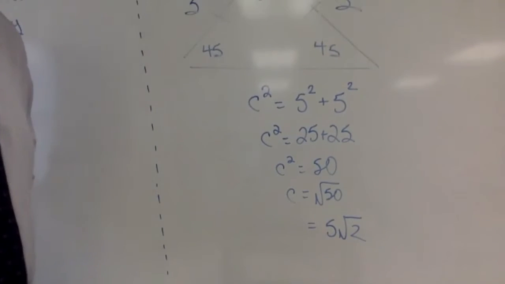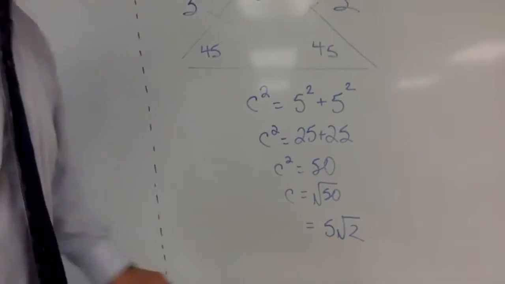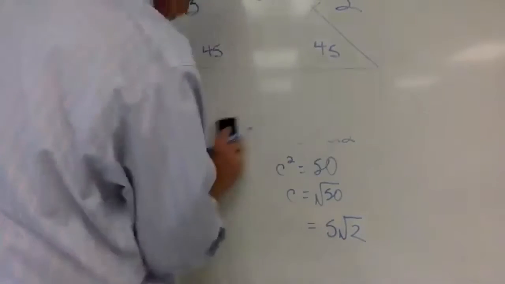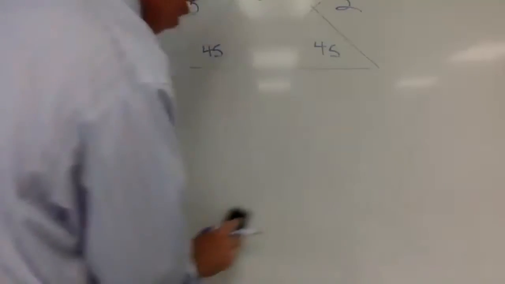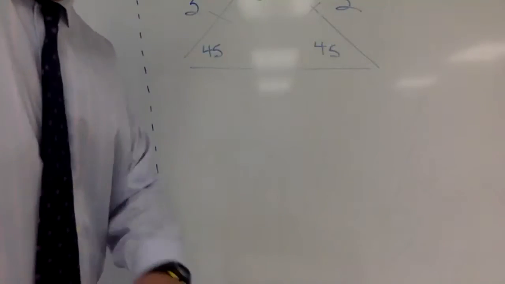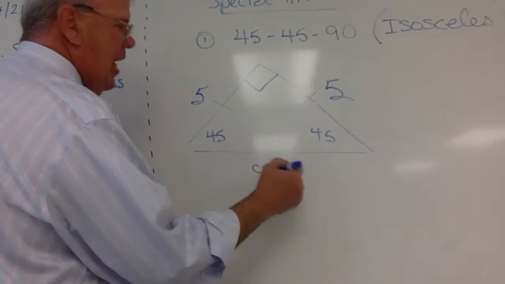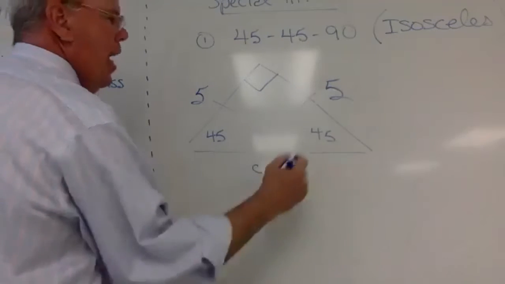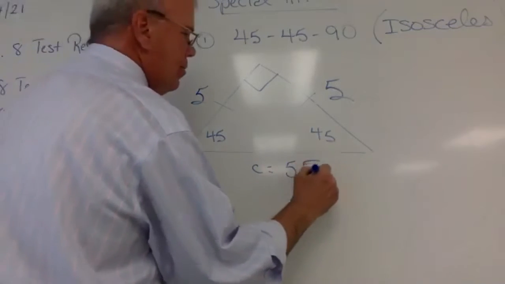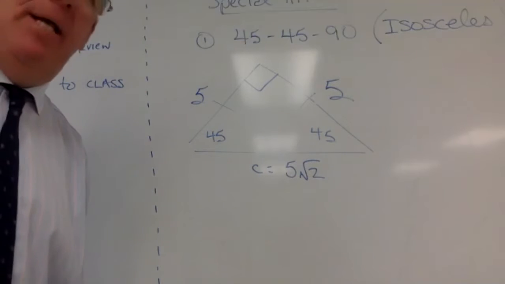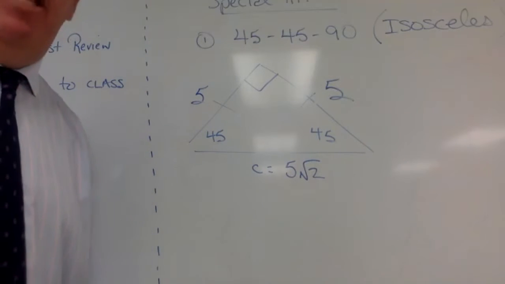Now, I didn't have to do all that work because when I have a 45, 45, 90 right triangle, I know the hypotenuse is radical 2 times the side. Does that make sense? It's just a way to make your life easier.